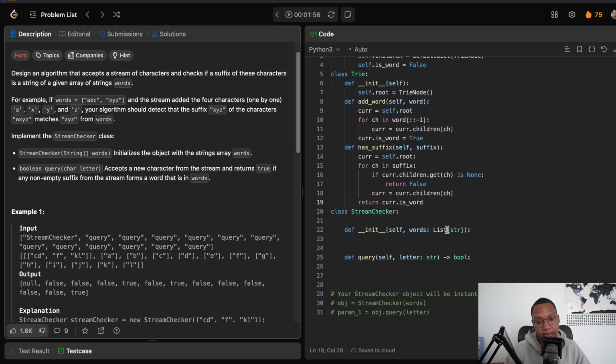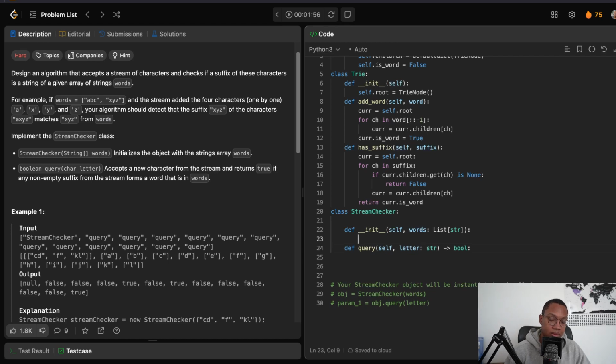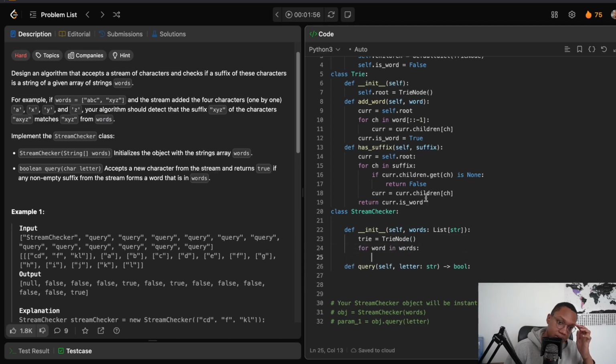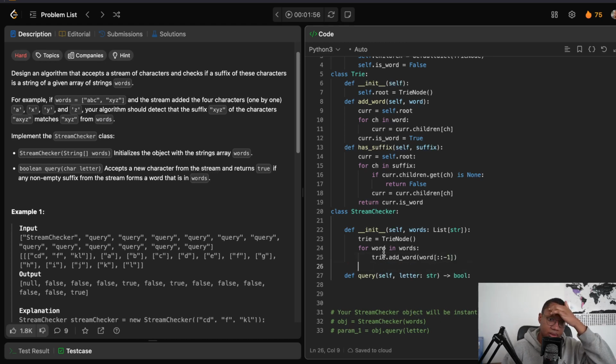Probably like that. Trie equals trie node, and then for word in words, and actually what we'll do is keep it normal and then do trie.add_word(word). It's like reversed. Cool, so that'll keep this here.